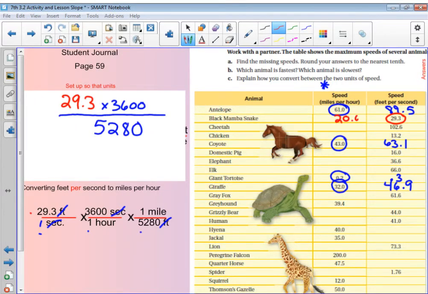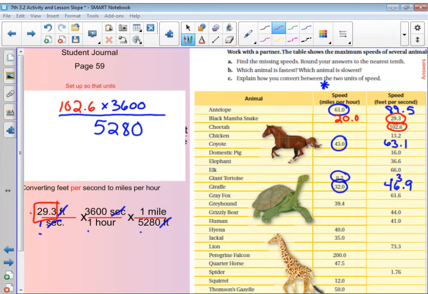And you're going to find that you're going to have quite a few of these in this column that are going to round up to the next whole number. Okay, so let's try another one. So the next one we had that we haven't done is, whatever this is, the cheetah that had 102.6 feet per second. So we're going to substitute that in this spot right here, 102.6.